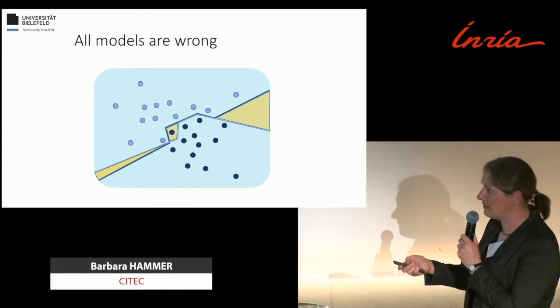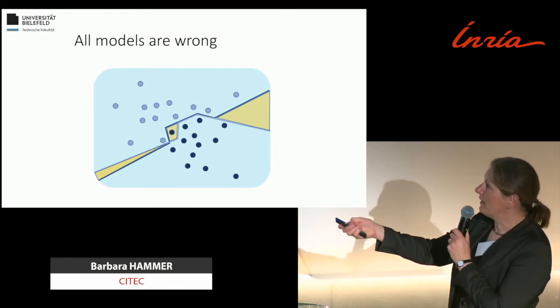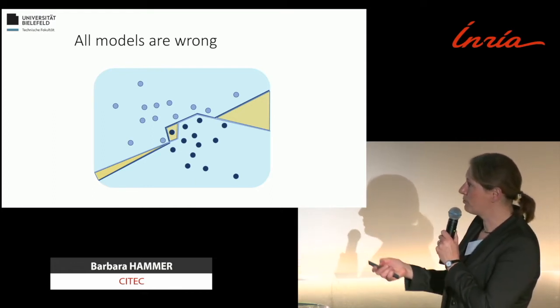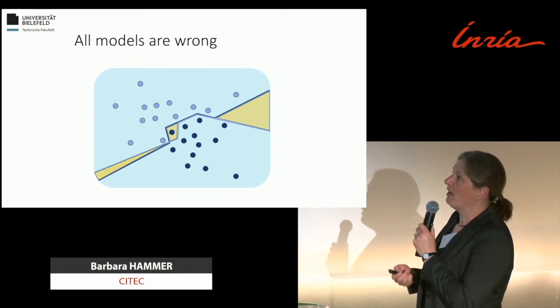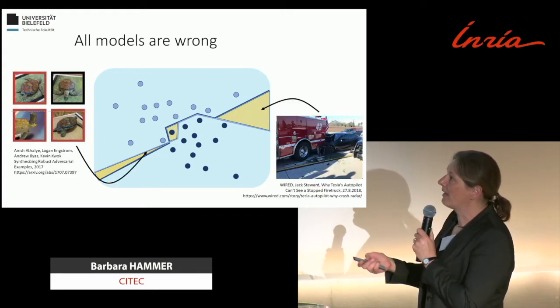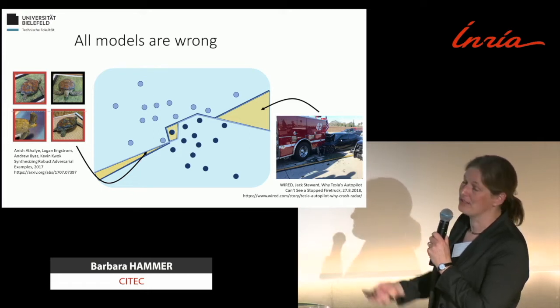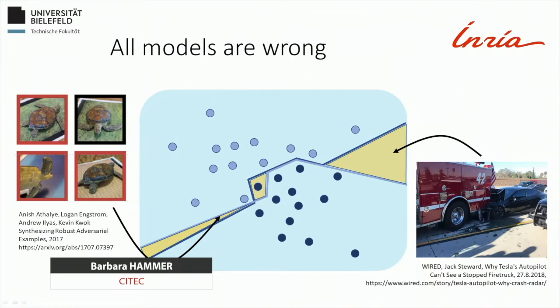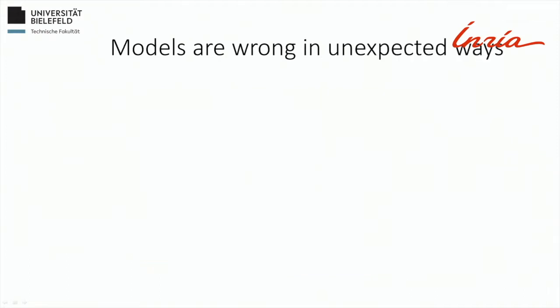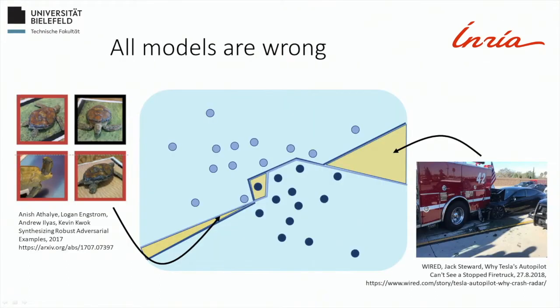Partially you can see that on the training set already, but partially you might observe this only during running the model, like here, this tiny difference directly at the border, where you have these adversarial examples. For example, in this case, the 3D printed turtle, which just from every angle looks like a gun, but never like a turtle for a deep network.